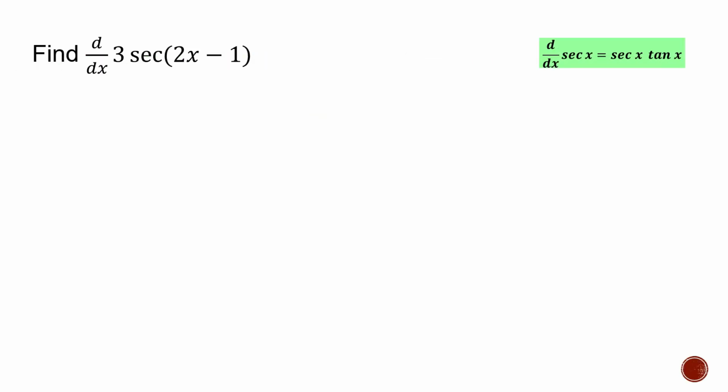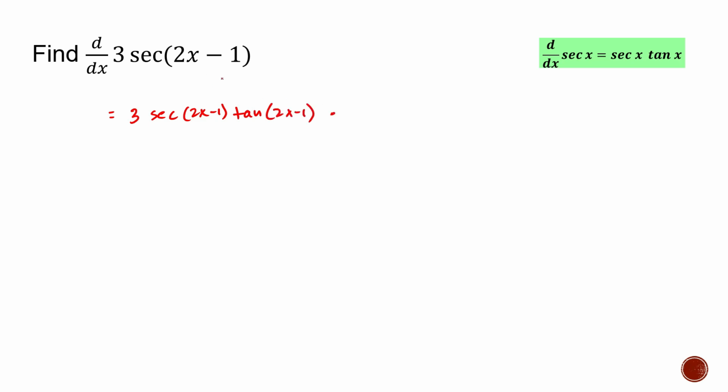Alright, so here we have 3 secant 2x minus 1. The derivative of secant x is secant x tangent x. So that means this is equal to 3 secant 2x minus 1 tangent 2x minus 1.